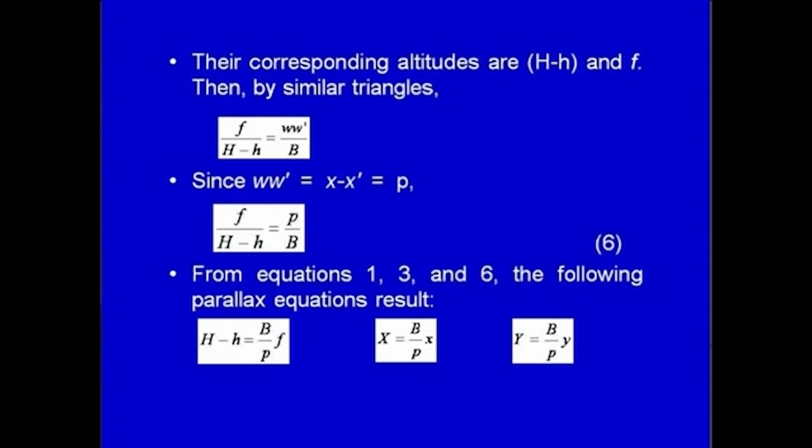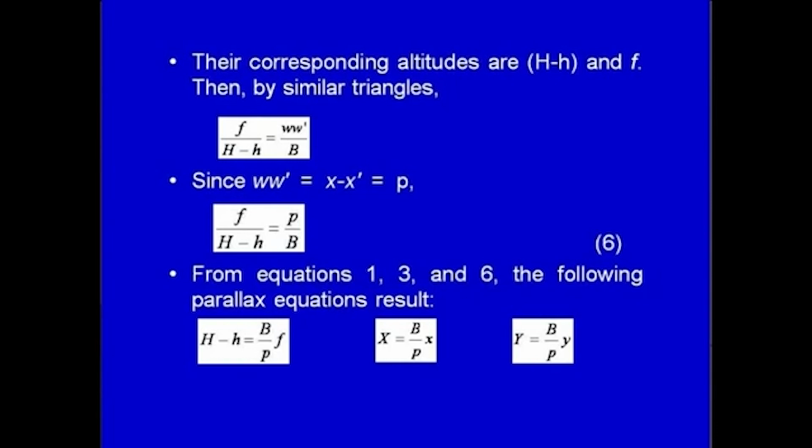Then by similar triangles we can say that f divided by capital H minus small h is equal to w dash divided by b. Since w dash is equal to x minus x dash, which is nothing but the parallax of the point P, the equation can be written as f divided by capital H minus small h equal to small p divided by b.